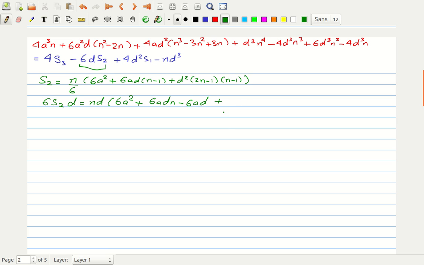So let us expand it here itself. So it will be 2d square n square minus 3d square n plus d square, right?